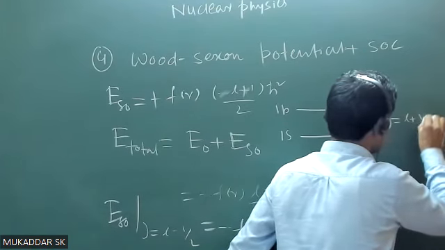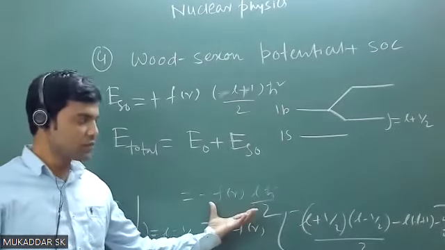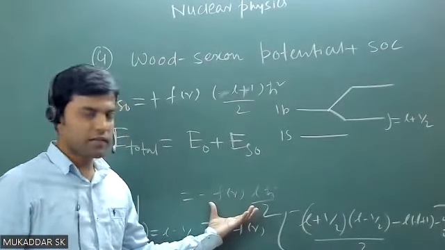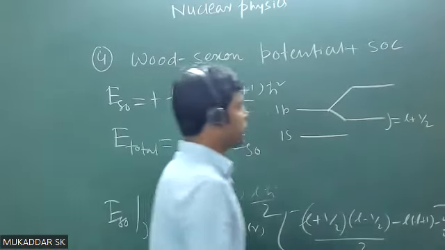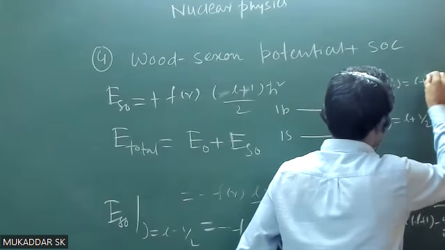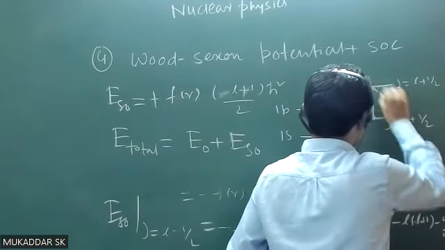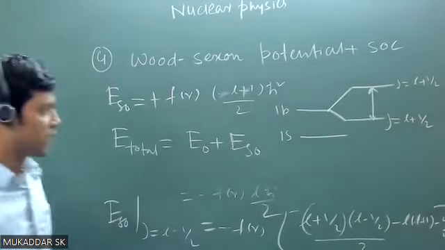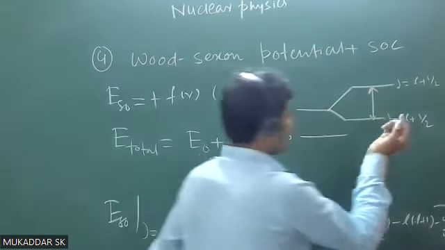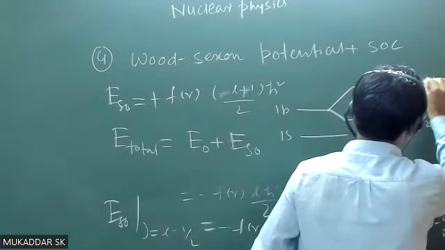Minus? Plus. It should be plus, because this minus you are getting when you have J equals to L plus half, and this will be corresponding to J equals to L plus half. Yes, exactly, very good. It will be minus.